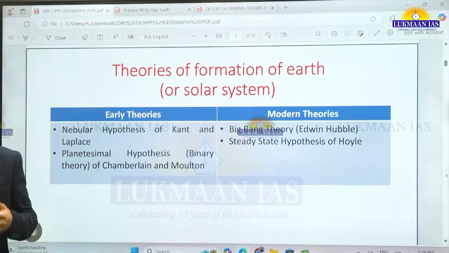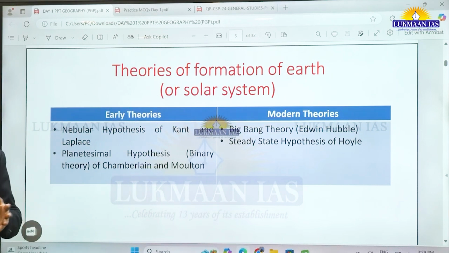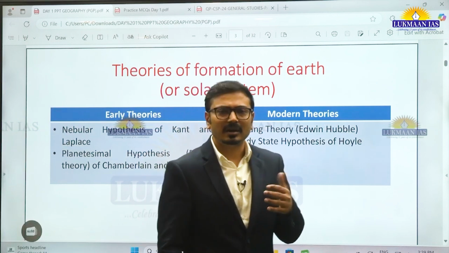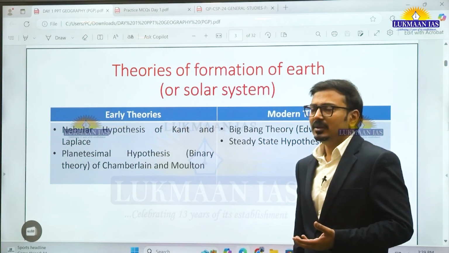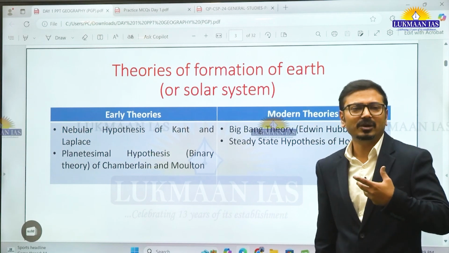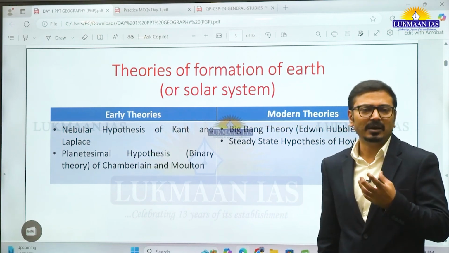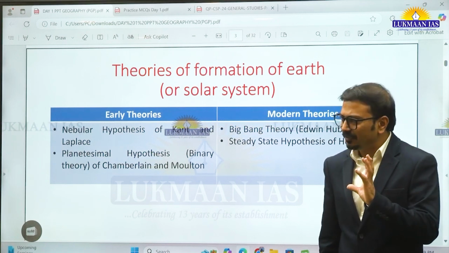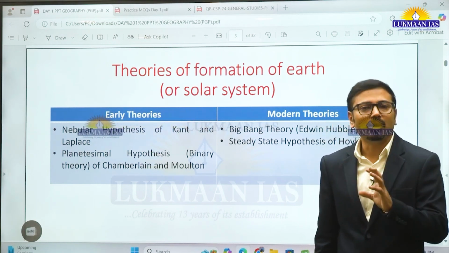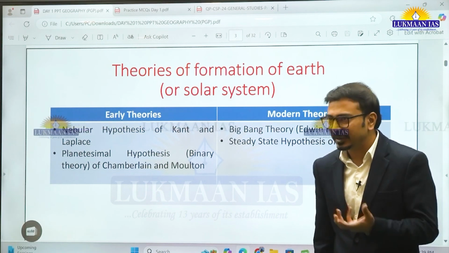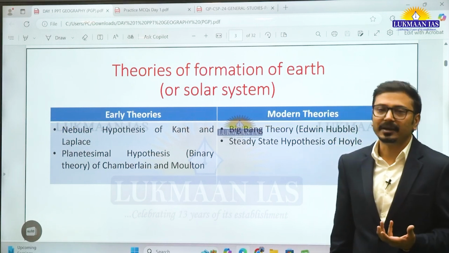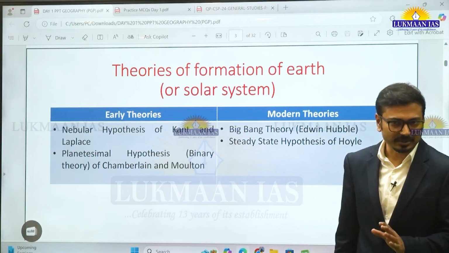The present day center is basically called a star, while the remaining bodies which started revolving around it are planets. According to Kant and Laplace, a fast moving nebula resulted in the formation of rings around it, which then started cooling down, forming the 9 planets. 9 rings were formed and 9 planets were formed from those 9 rings. This is a basic concept.